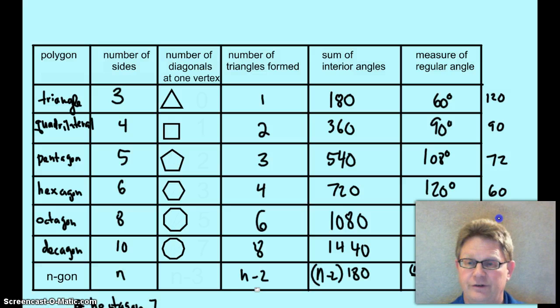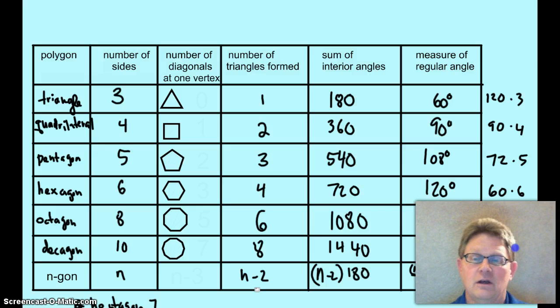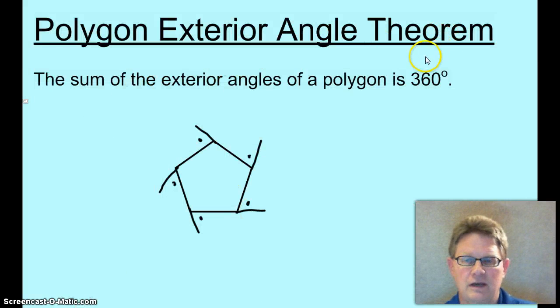Notice that each exterior angle is getting a whole lot smaller. So that's why, okay, 120 times 3, times 4 times 5 times 6, the number of exterior angles, it always works out to be 360. This is so crazy. Yeah, I know. It just really is. So that's why the sum of the exterior angles is always 360.